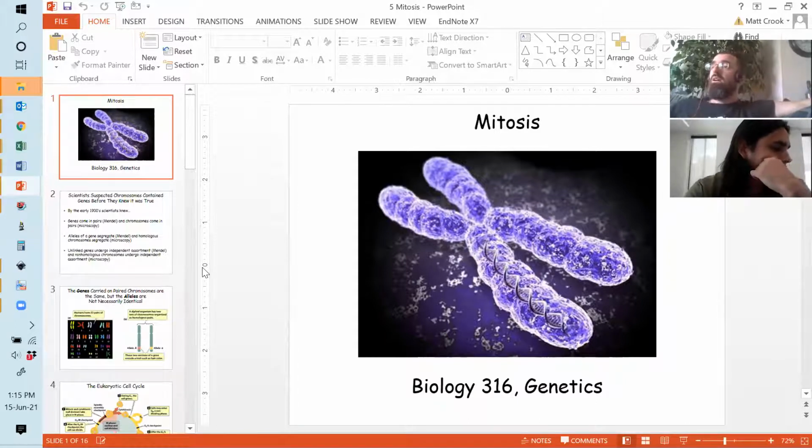Even simple organisms such as yeast also go through mitosis. But instead of getting large world-conquering complex yeast organisms, you just get more yeast cells, right? So it's basically the way in which you generate more of the same. That's the key point about mitosis.